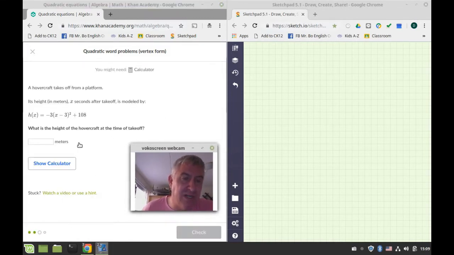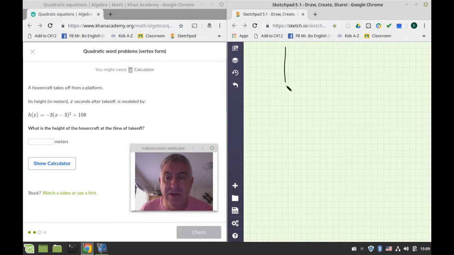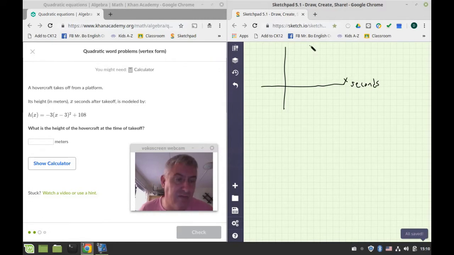Okay, here's our question number 3 on this problem. A hovercraft takes off from a platform. Its height in meters, x seconds after takeoff, is modeled by... So over here, here's my graph, and over here I have seconds, which we're calling x, and over here I have height, which we're calling h.